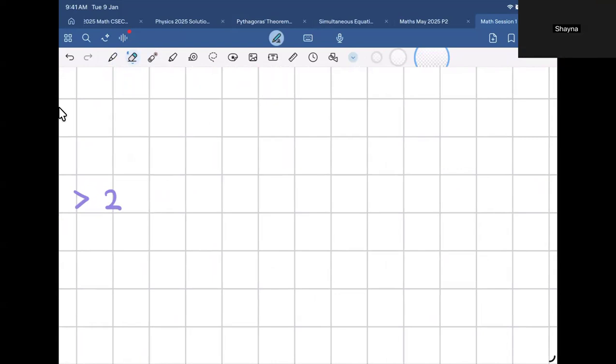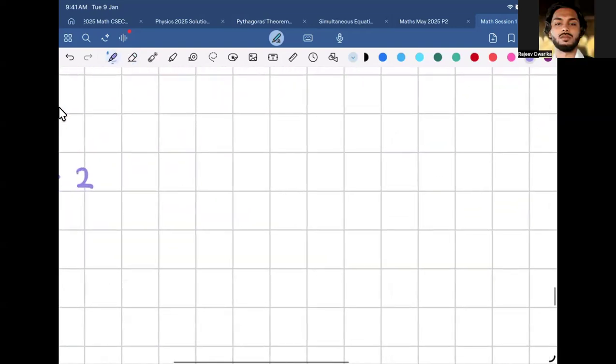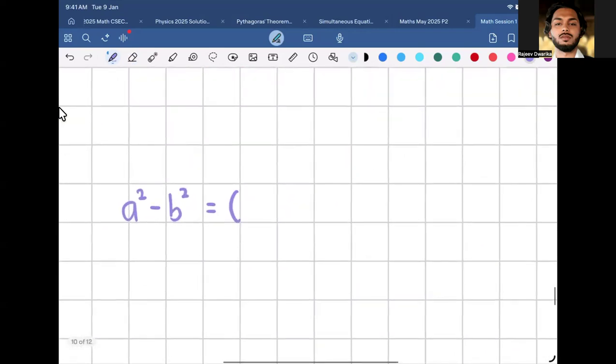It would be x minus 3 and x plus 3 in brackets. But before we do that, remind me, what does the difference of two squares look like? a squared minus b squared. If something is in that form, it would be equal to a plus b and a minus b. Correct.